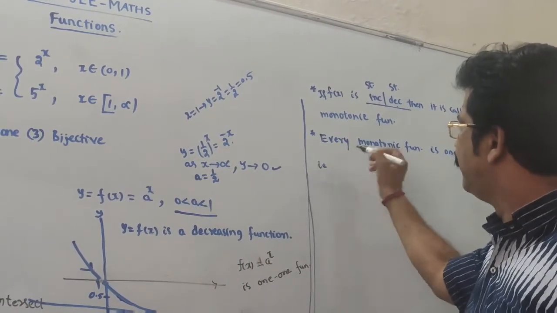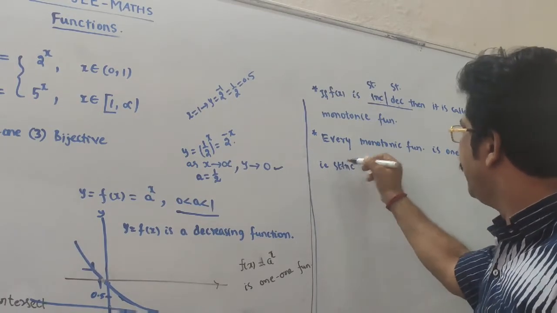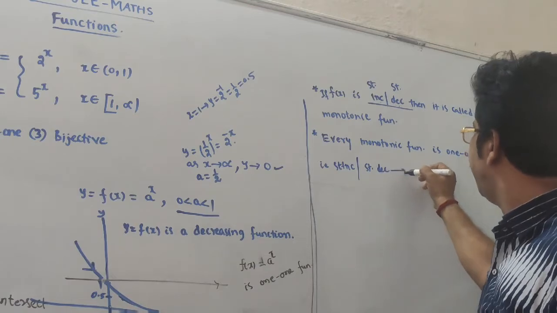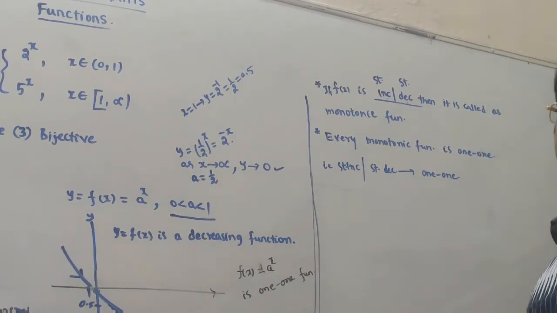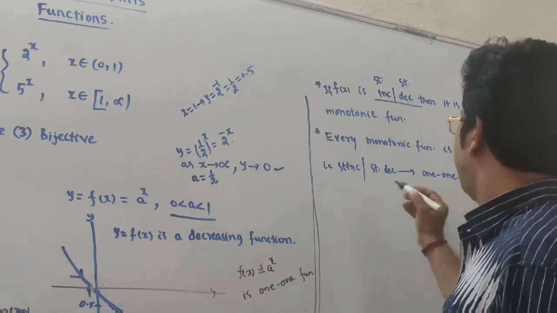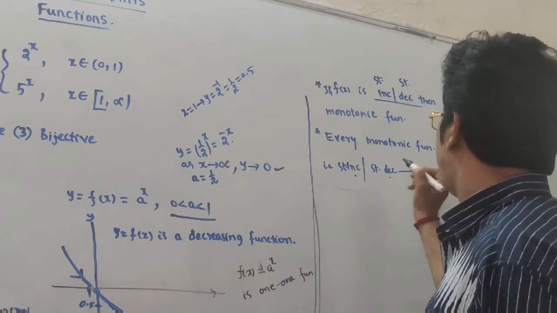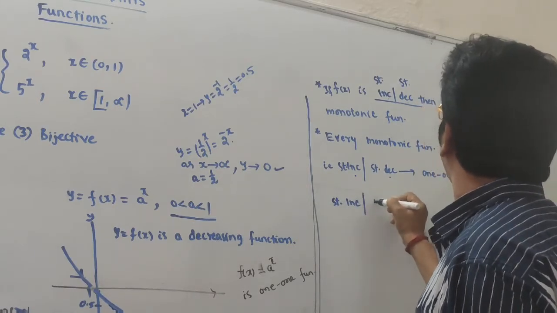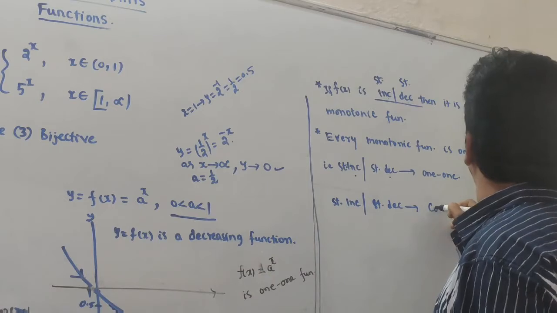If it is increasing, strictly increasing or strictly decreasing, then it is 1 function. In calculus, if it is strictly increasing or strictly decreasing, then it is called a continuous function.